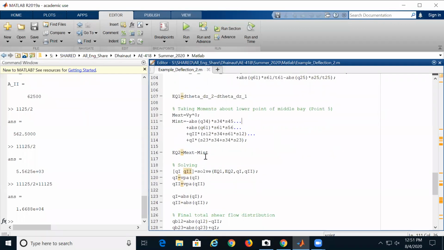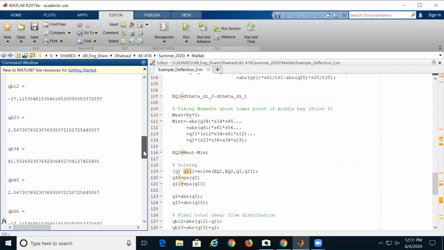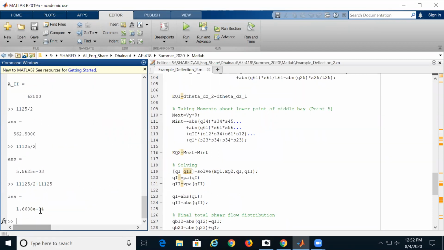So now, let's see if I can do equation 2. So let's see, where is that? Okay, so let's see if you can make it pretty here. Doesn't look pretty at all. So let's put here this value, 250,000 Q1. Let me write it down.